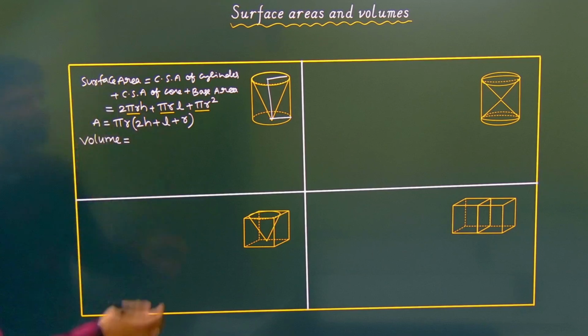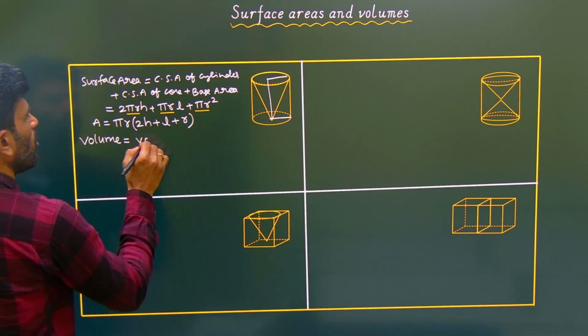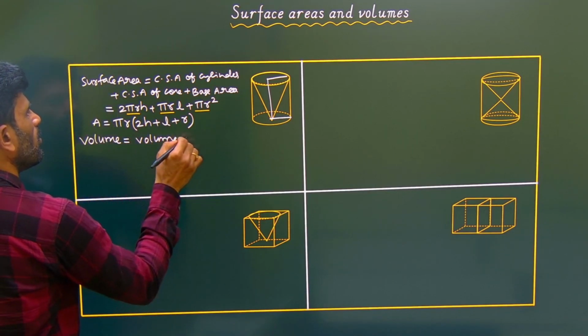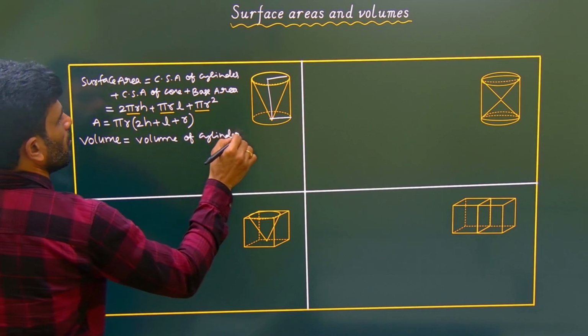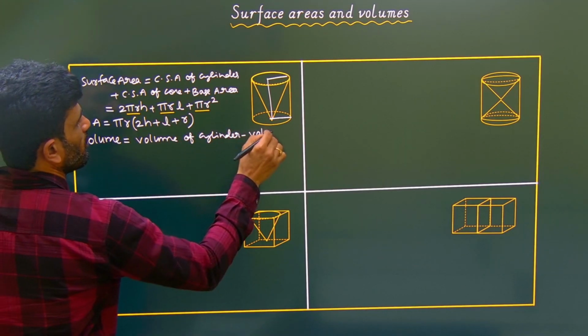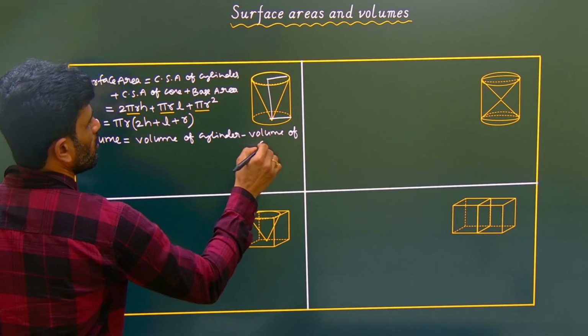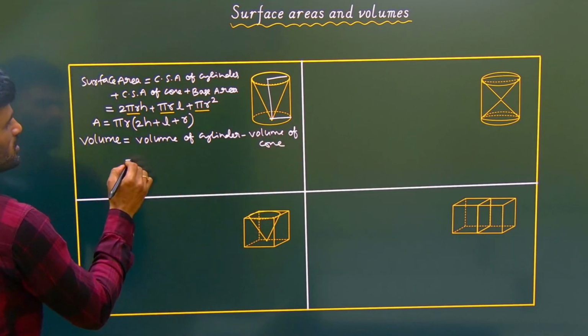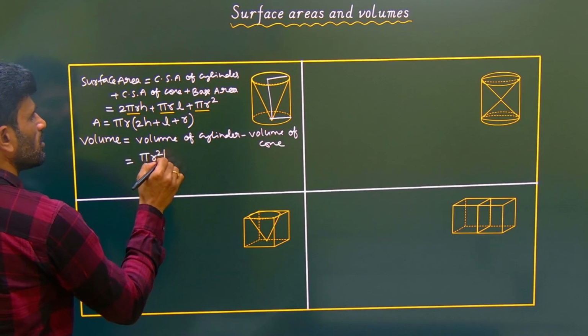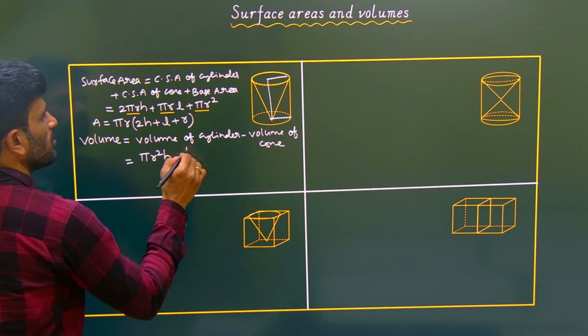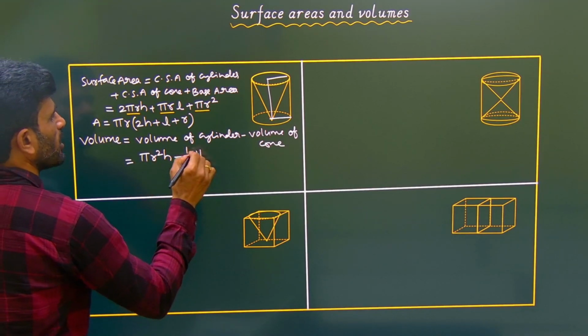Now if you want volume, what do we have to do? Because you are removing the cone, it is simply volume of cylinder minus volume of cone. Volume of cylinder is pi r square h minus 1 by 3 pi r square h.